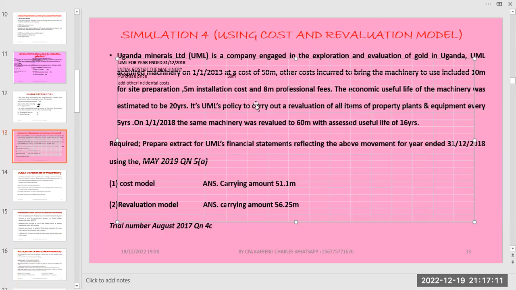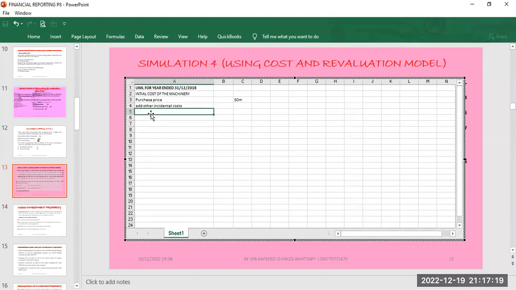The other costs include 10 million site preparation, 5 million installation, and 8 million professional costs. So we add all of that: site preparation, the next one is installation, and the last one was professional fees.